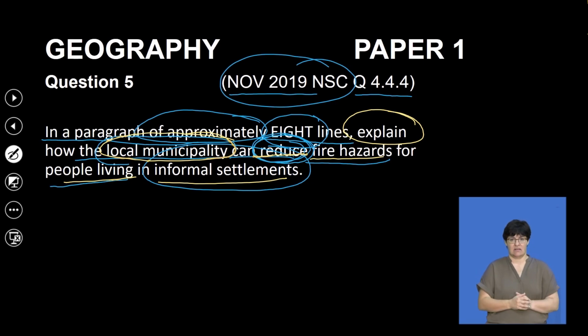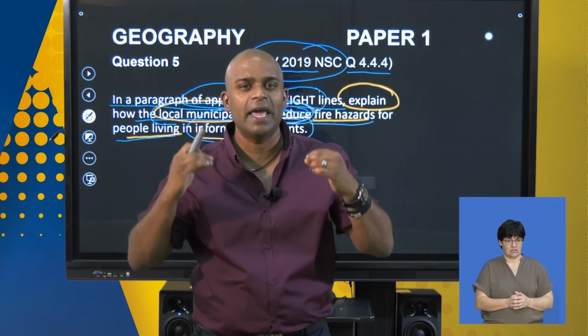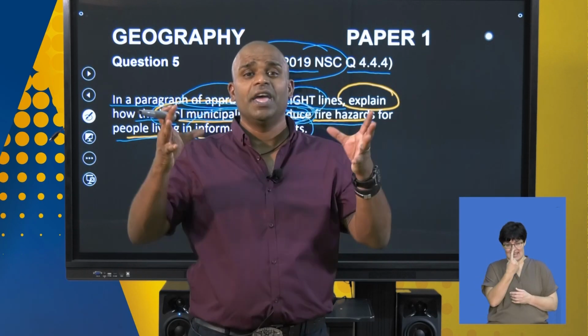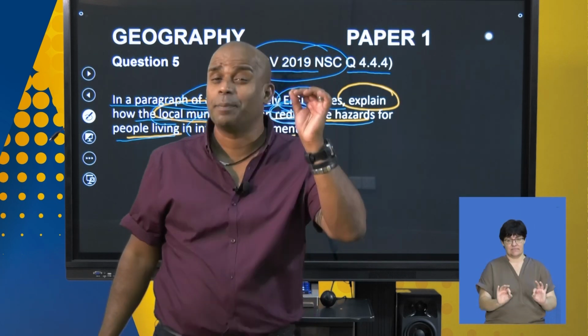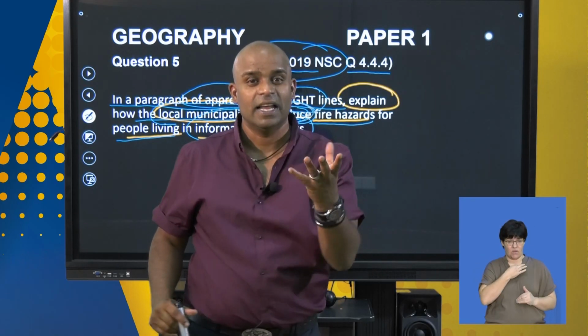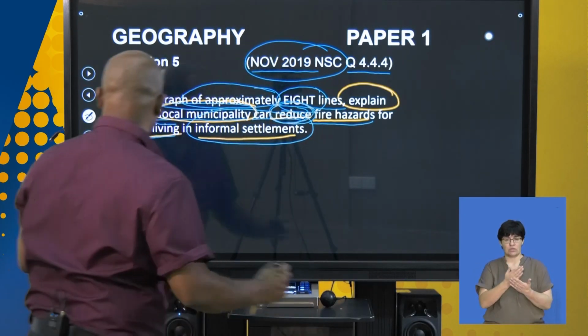Take a moment to think, and then you'd be able to understand better how informal settlements are designed, and therefore have a high rate of fire hazards. Let's look at the possible answers for this one.